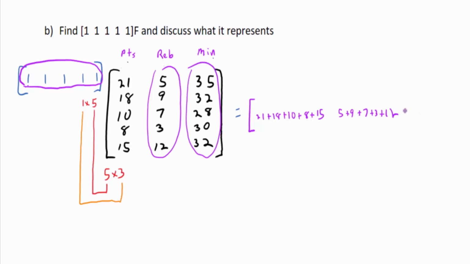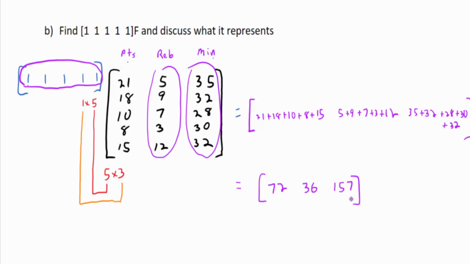You end up adding the 35 plus the 32 plus the 28 plus the 30 plus the 32. Everybody with me? And what do you end up with? 72. 157. Do I have confirmation?